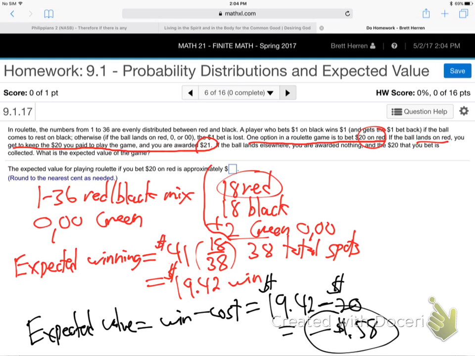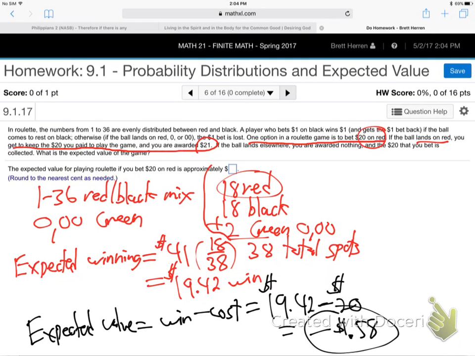And so that's the real deal. That's actually true. If you're going to bet $20 on red, you can expect that you're going to lose about 58 cents each time you do that. Let's go back and put the answer in, minus here, I'll come back to it.